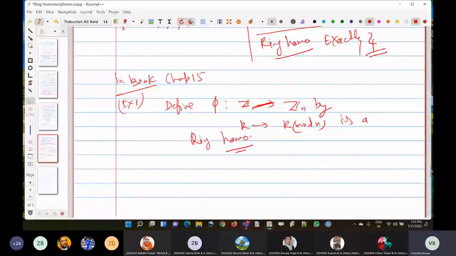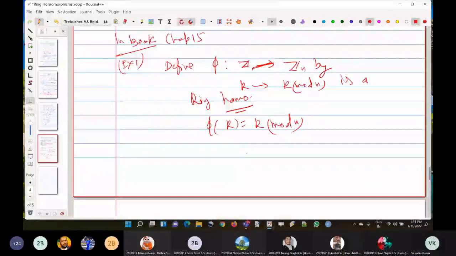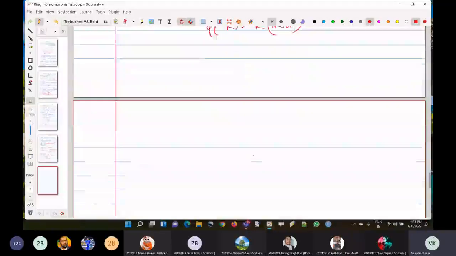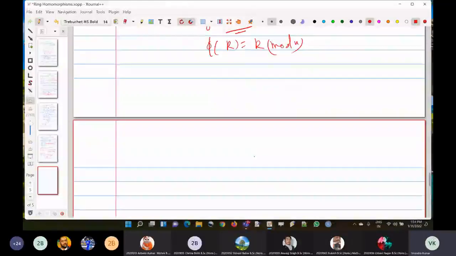This is simple, you can verify it. This map is nothing but phi of k equals k modulo n. You must be familiar with the congruence modulo relation, so you can use that and verify it.